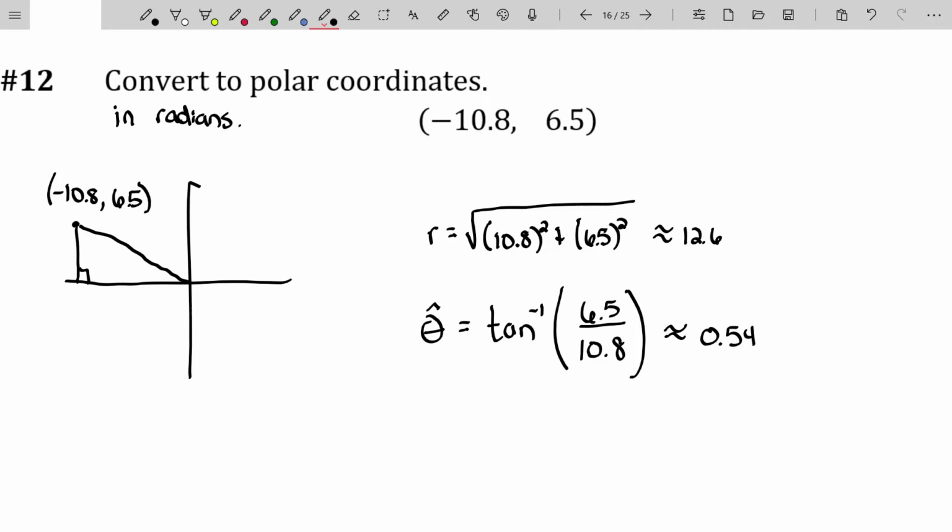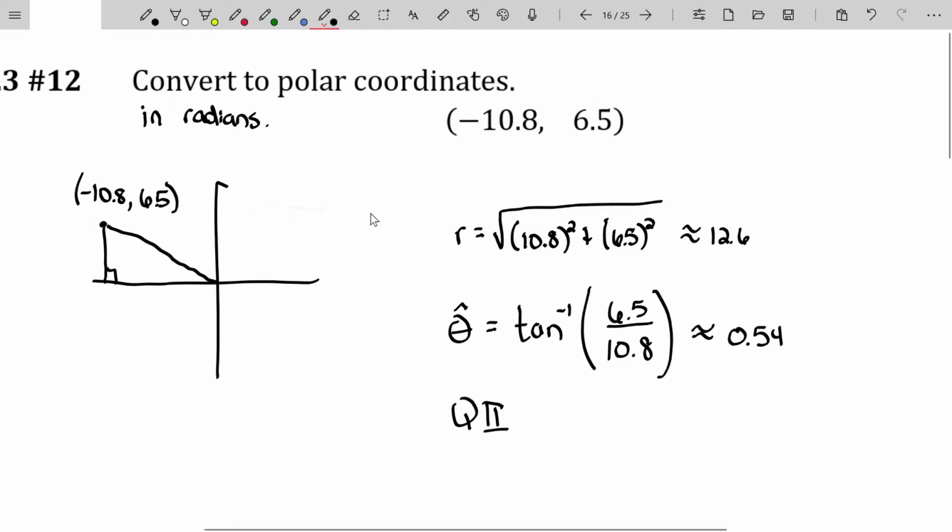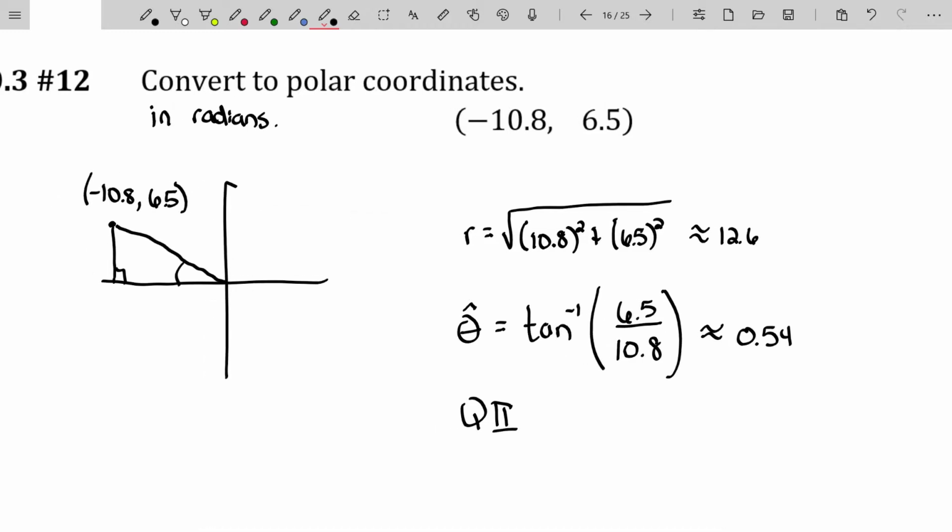Now I know I'm in quadrant 2. So if you're in quadrant 2 and this reference angle is roughly 0.54, well then the big angle here, theta, is going to be pi minus that. Theta is approximately pi minus the 0.54.